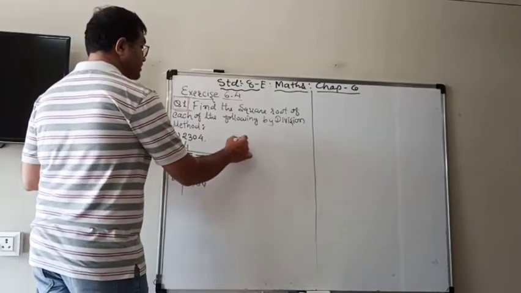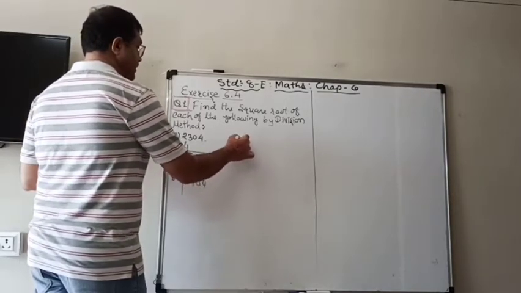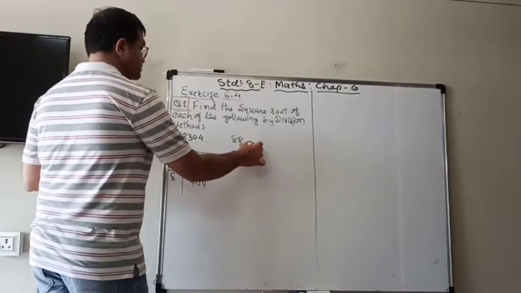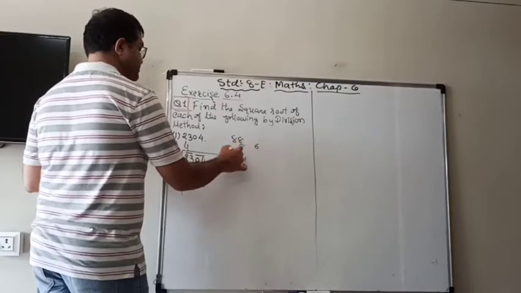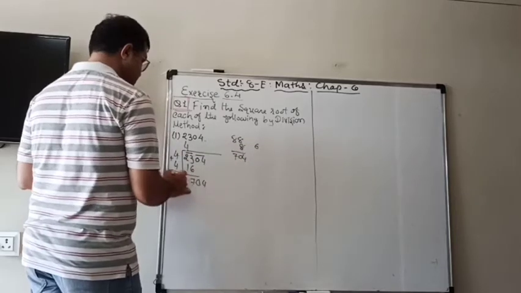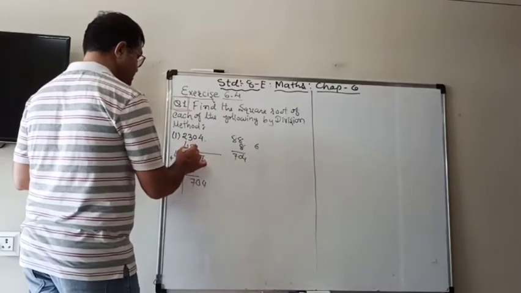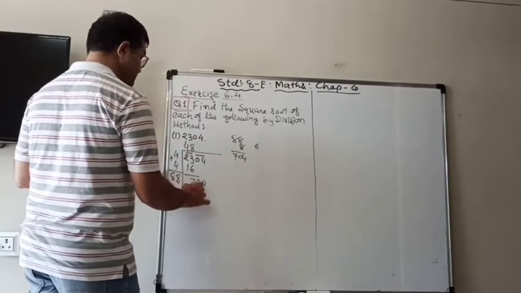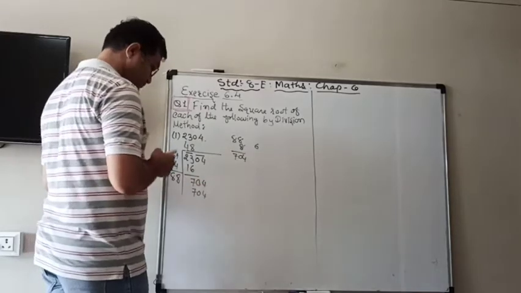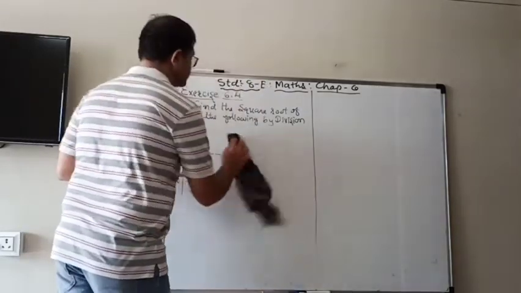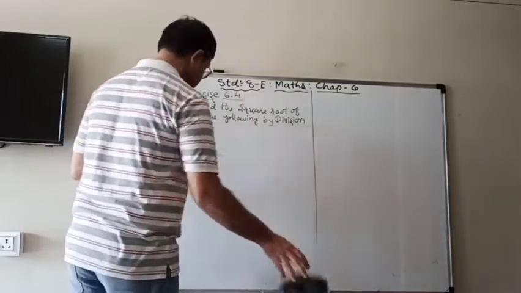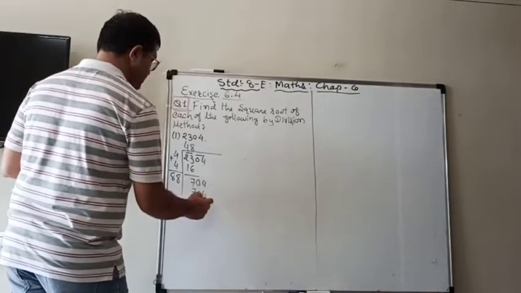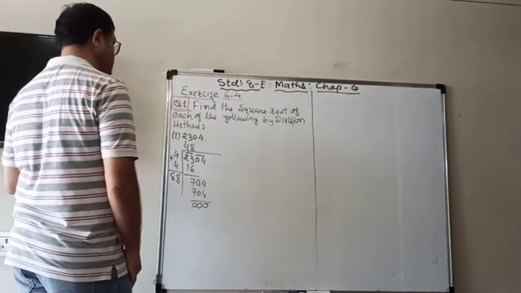So you try 88 8s. 8 8s are 64, 64 plus 6 is 70. So we can take 88 8s are 704. Very simple. So you got the remainder 0.